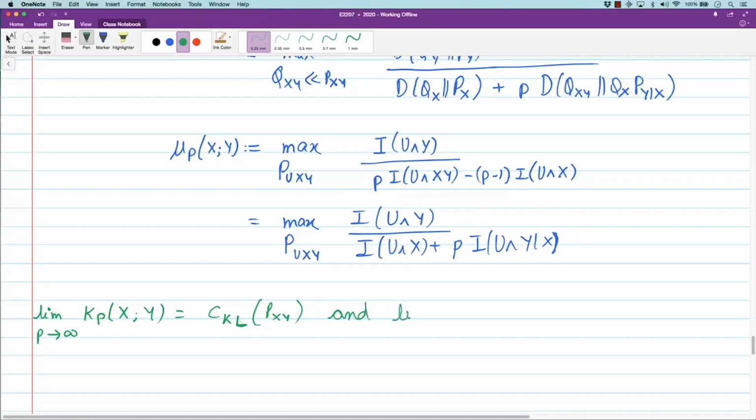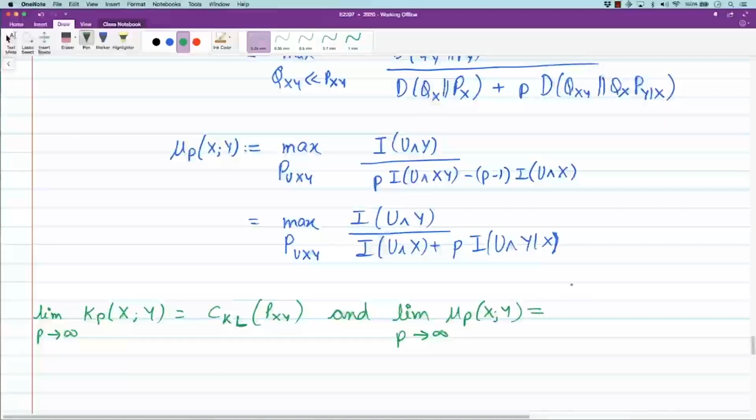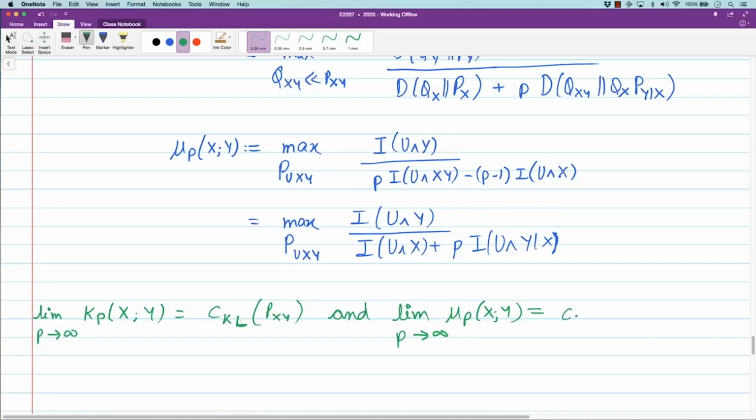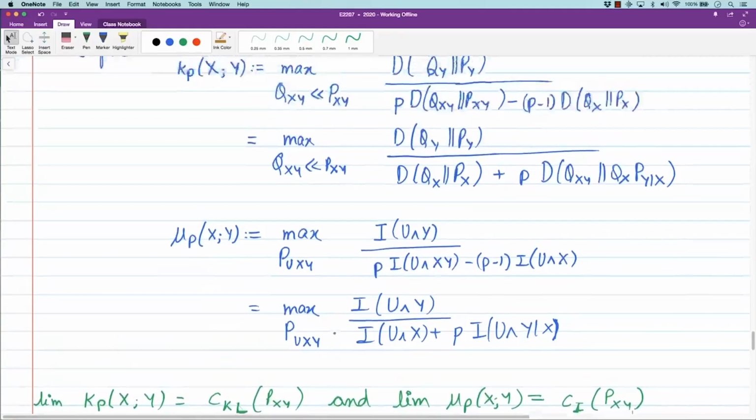And similarly, if you take the limit p going to infinity and look at this quantity, once again the only way to get a positive constant is to have this be 0, and this will happen if this Markov condition holds. Then you can only look at those channels for which it holds, and then it coincides with the strong data processing constant for mutual information. Okay, so in the limit as p goes to infinity, these quantities coincide with the strong data processing coefficient.